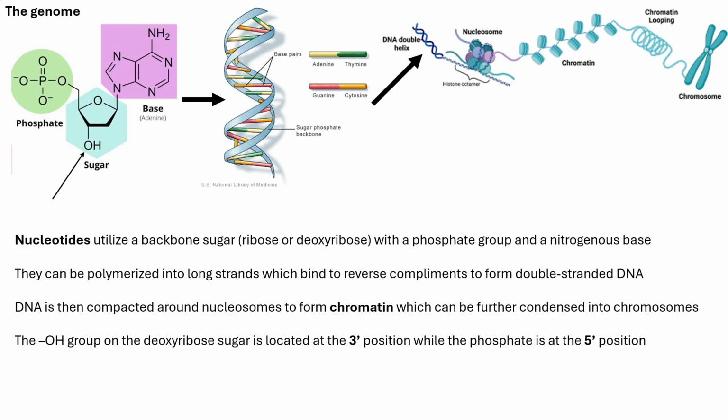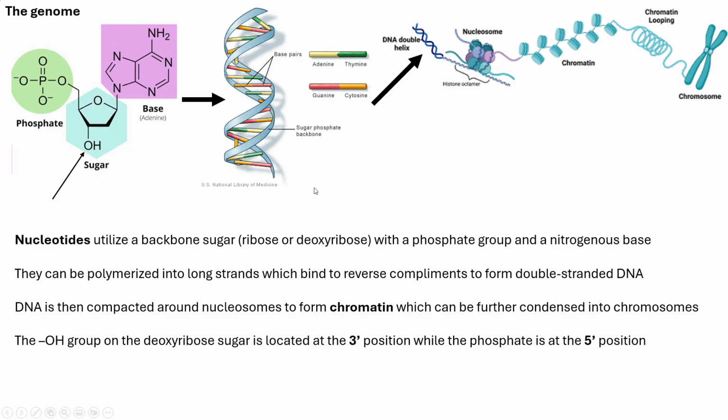I'll get into later what reverse complements actually means, but just focus on the basic structure, that DNA can be compacted around nucleosomes because it's basically like a string, how you can stretch it, condense it, put twists in it, which makes it easy for life to manage this very complex molecule. And it can be condensed in the chromatin whenever it's wrapped around nucleosomes, and then further condensed into chromosomes like this X shape we're all familiar with.